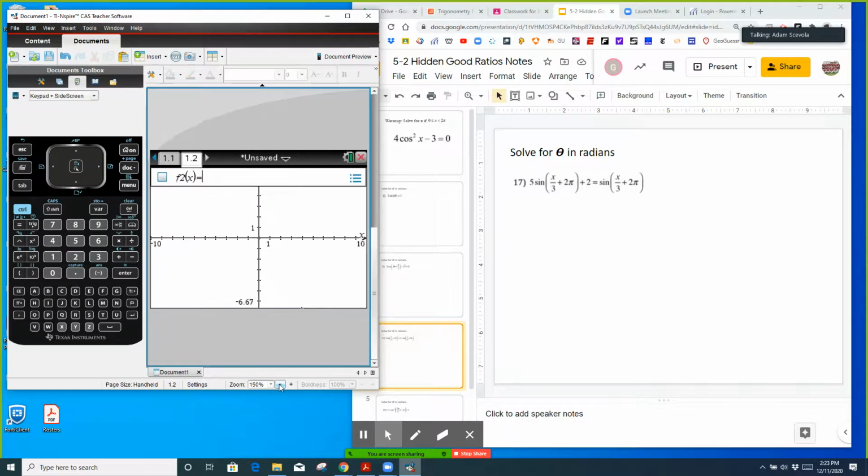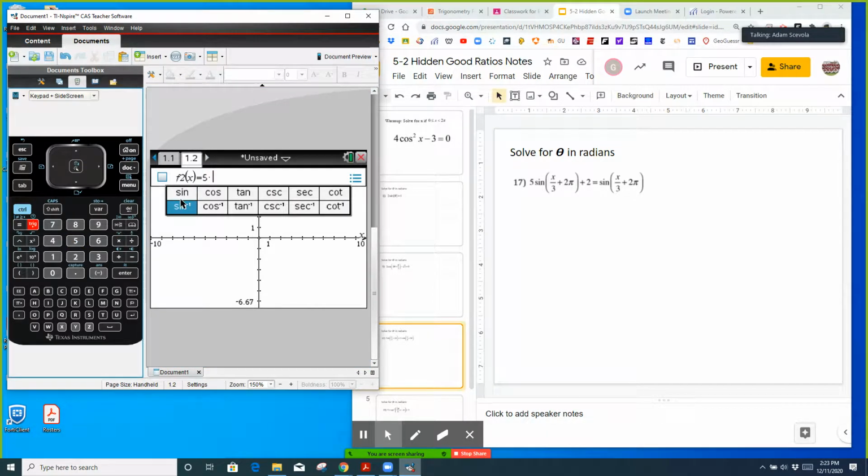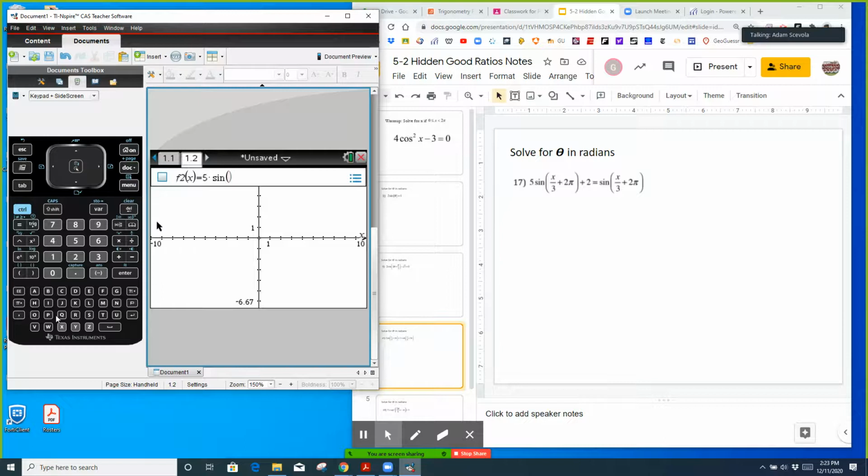All right, so I can graph 5 times the sine of x over 3 plus 2 pi, plus 2. Or you can solve any equation by graphing both sides and seeing where they intersect.